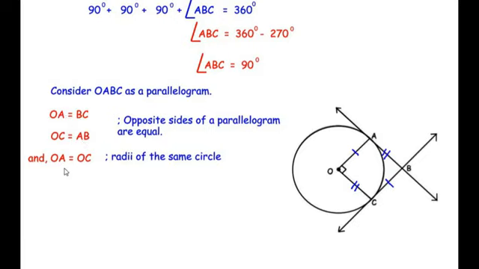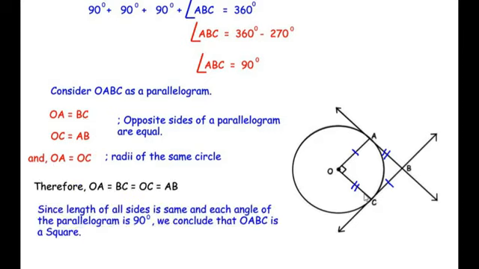So now we can write all the sides as OA is equal to BC is equal to OC is equal to AB. That is by using these three equations. Now we see that the quadrilateral has equal sides and all the angles are 90 degrees. So, since the length of all the sides is the same and each angle of the parallelogram is 90 degrees, we conclude that OABC is a square, not a rectangle.